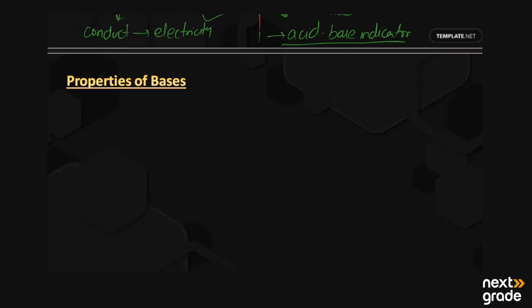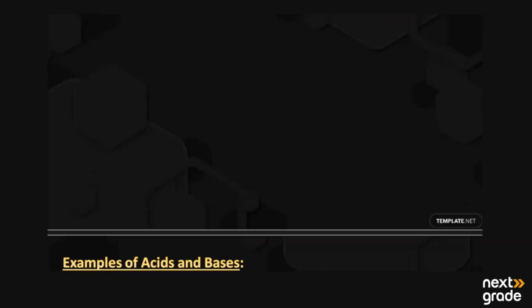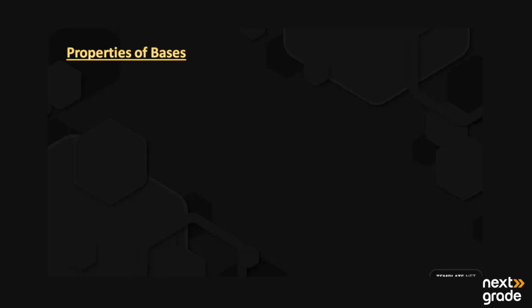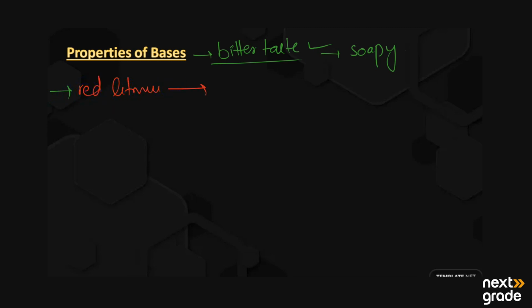In the next section we have the properties of bases. So what are the properties of bases? Basically, bases have a bitter taste, and they feel soapy, and they can turn red litmus paper into blue litmus paper.